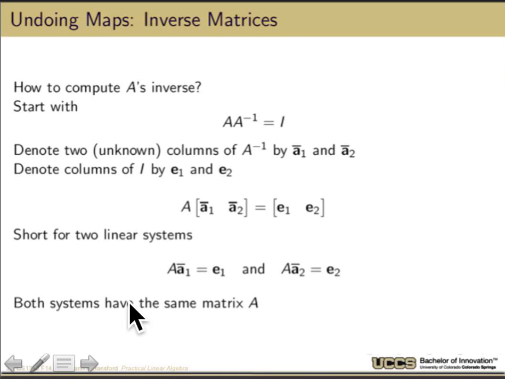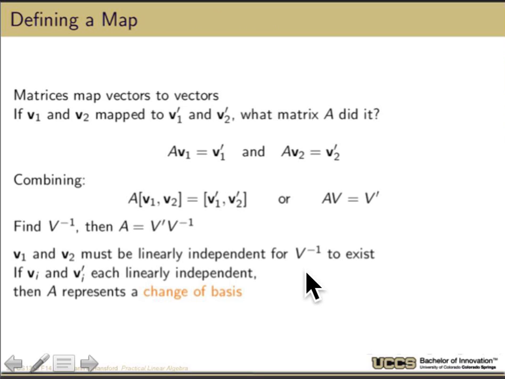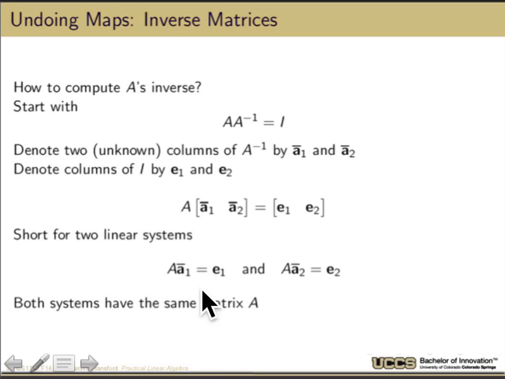Both have the same matrix A, so I can work on either one. If I solve both of them, I get the two columns A1 and A2, the columns that make up the inverse.